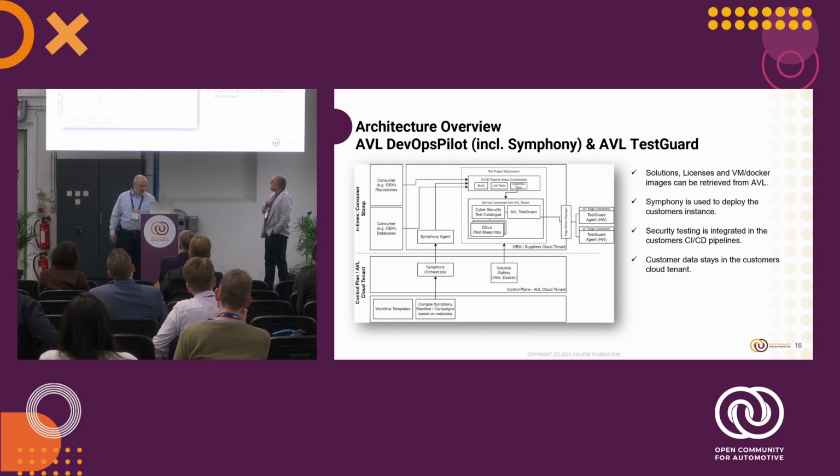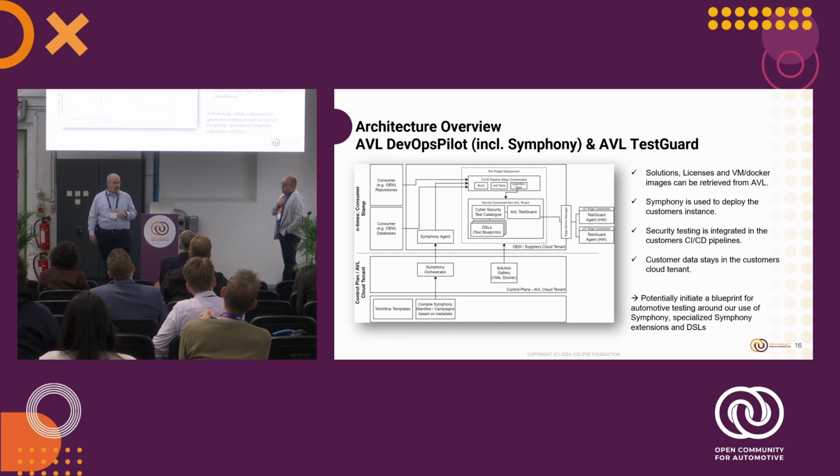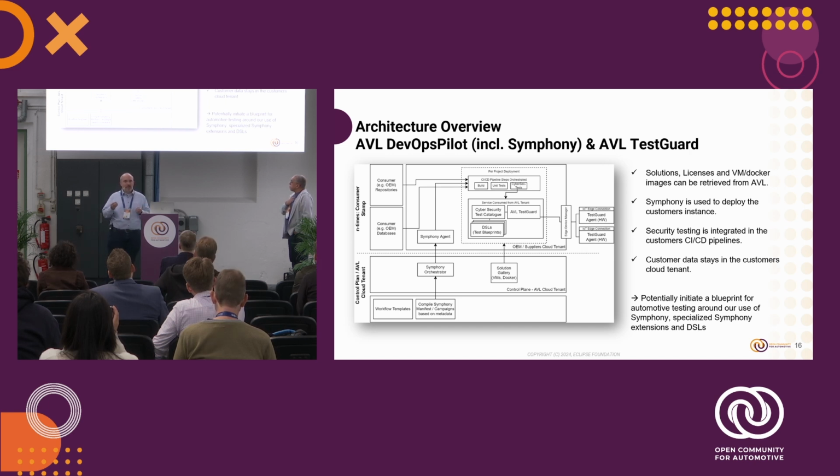And what we discussed earlier, potentially our approach to combine the OpenDOT DSL language with Symphony is applicable to different testing use cases, or we also plan to apply it to different use cases. So we think that even a blueprint might make sense.